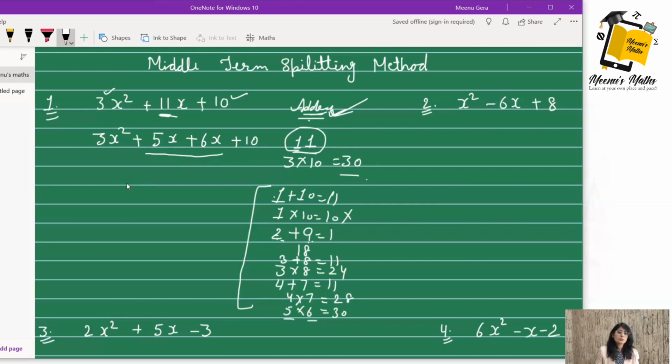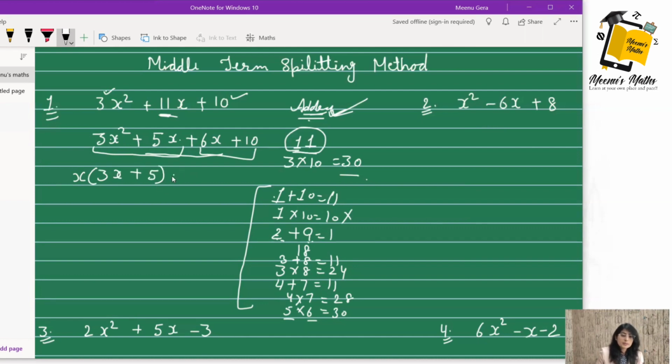Now what to do? Now these are 4 terms. Think of them as 2 terms together and the other 2 terms together. Take common from the first 2. X is common in both. If I take x as common, 3x is remaining, plus 5.